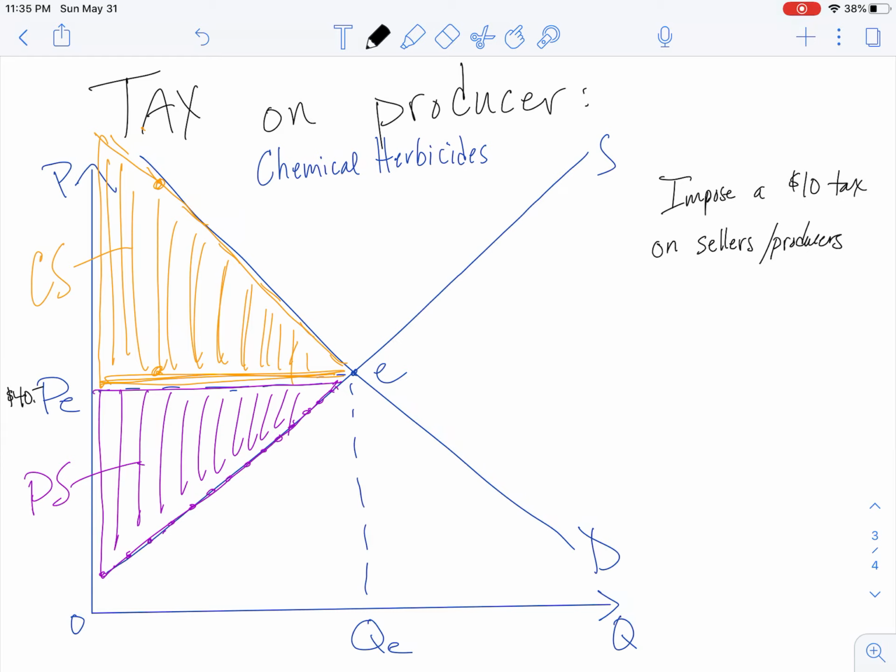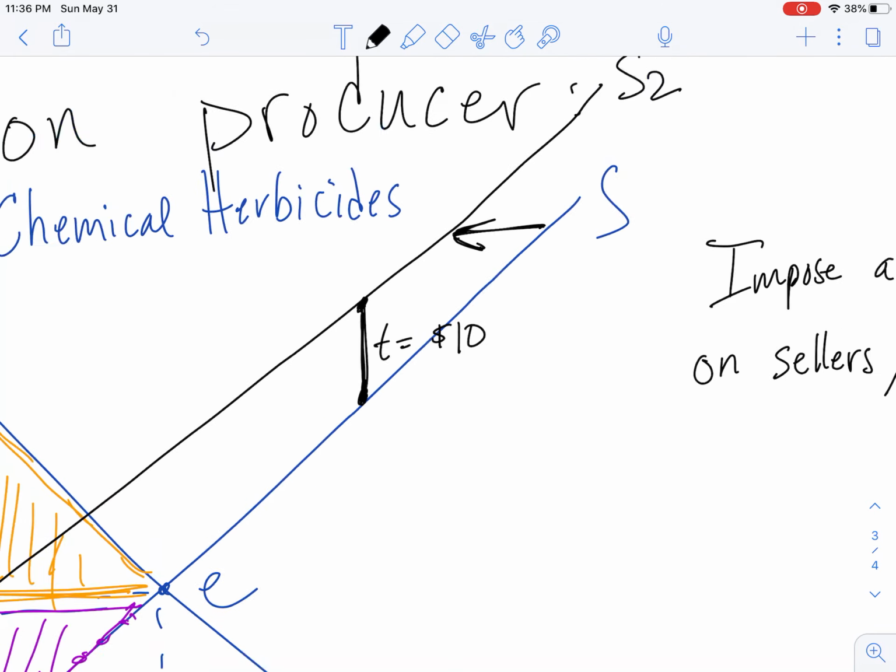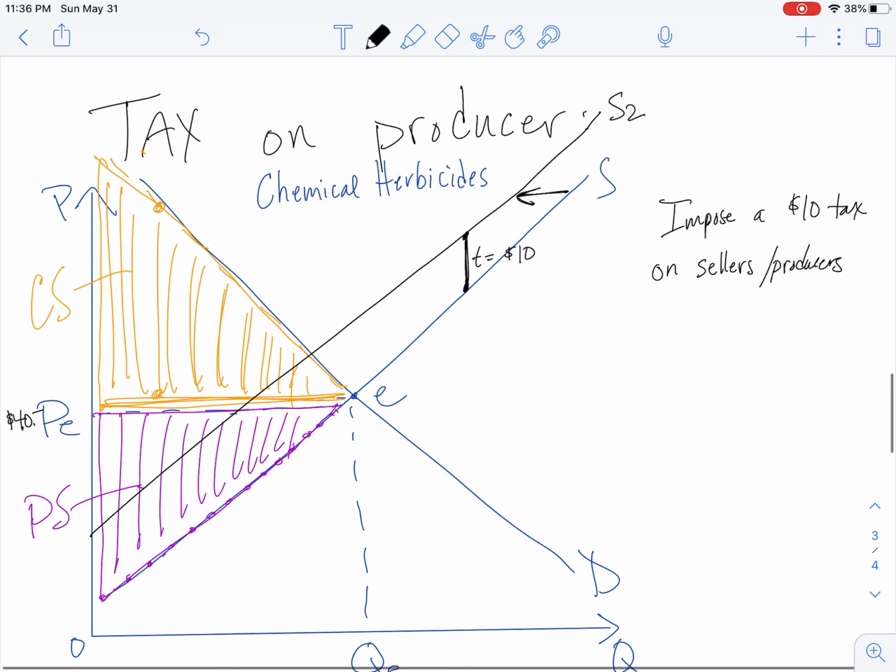So we could think of this as a leftward shift, an inward shift to the supply curve. Okay? So this is a leftward shift. Supply decreases, quantity supplied decreases at every price. And the vertical distance here between the old supply curve and the new supply curve, that's going to be equal to our tax. So the tax equals $10.